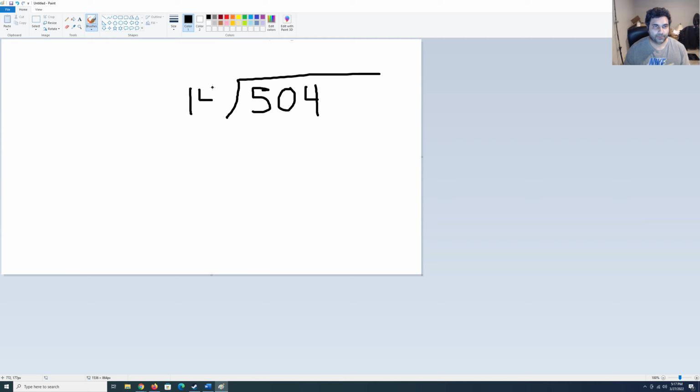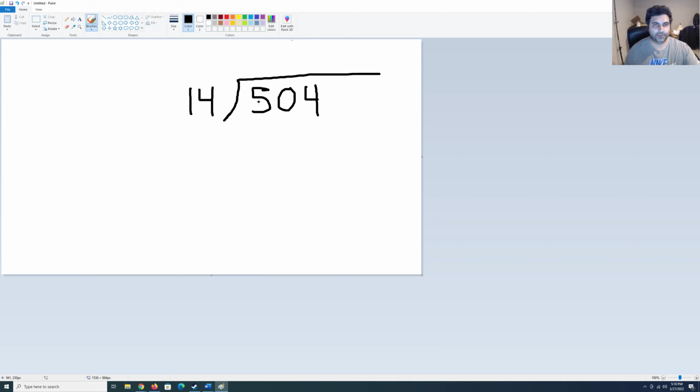So notice the first thing is how you draw it, or how you write it. The numerator, the big number, usually 504 in this case. Then we do this little curve and then straight line, and then you put 14 here. This is the standard way of doing it, so that's how it's been done always.